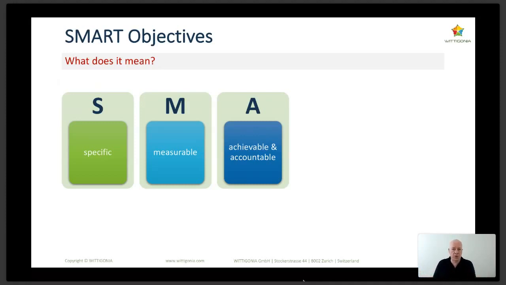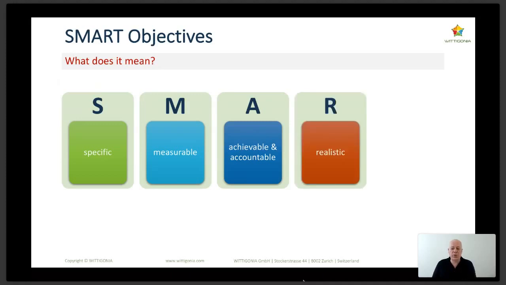Who is then accountable for which part, and how does it all add up? R stands for realistic. It's good to have aggressive goals and make big bets on your targets and your programs, but it also has to be realistic. If it's not realistic, you introduce frustration and sarcasm into the organization.